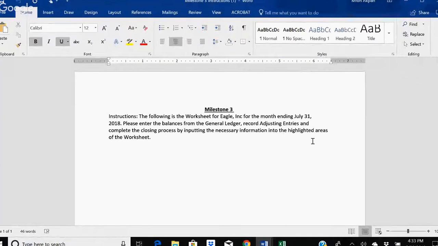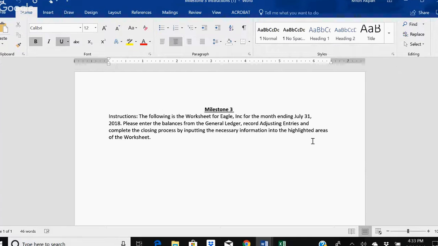Milestone 3. Milestone 3 is a culmination. So we will be putting together the worksheet for Eagle Inc. for the month ending July 31st, 2018. So we'll be entering the balances from the general ledger from those T accounts, Milestone 1.